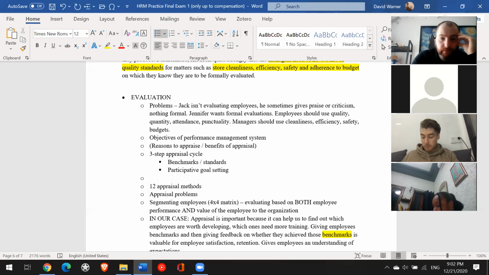Along with this also, who should appraise? That's a really important issue. Should Jack be the one to appraise everybody, or Jennifer, or should there be 360-degree evaluations? What if Jack says to an employee, every time I come in, your area is always messy and you've got to clean it up.